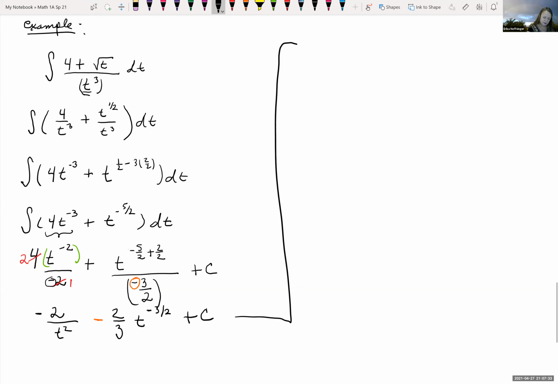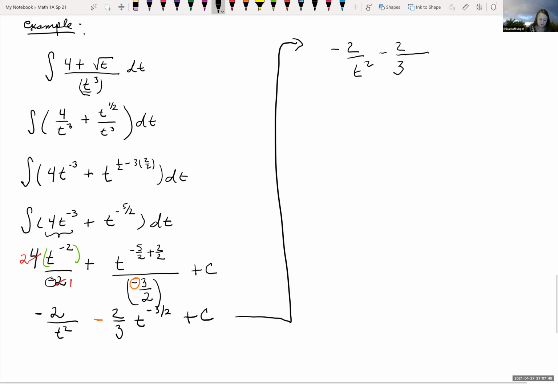Again, we can clean it up a little bit. So -2 over t squared minus 2/3. Let's rewrite it so that it doesn't have a negative exponent. So this is going to be the same thing as t to the 3/2 plus c. Really, I would leave it like that.